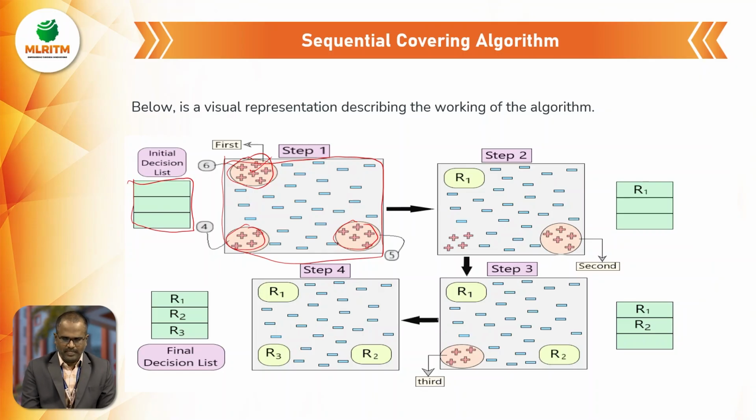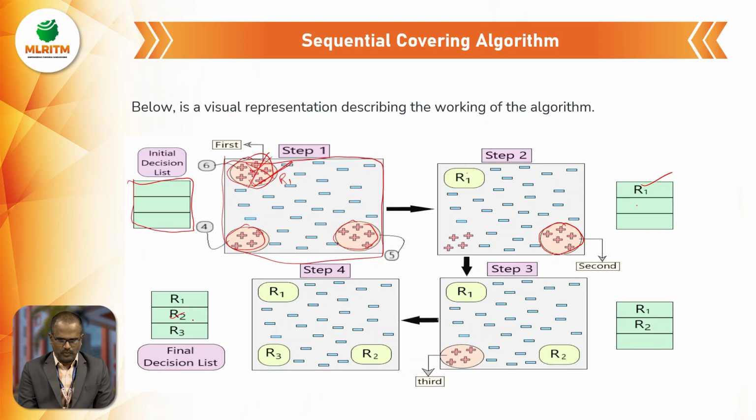First, after observing the positive examples, these positive examples are covered by one rule, that is R1. Suppose R1 covers these positive examples, then R1 is formed, and these positive examples are removed in the next iteration.